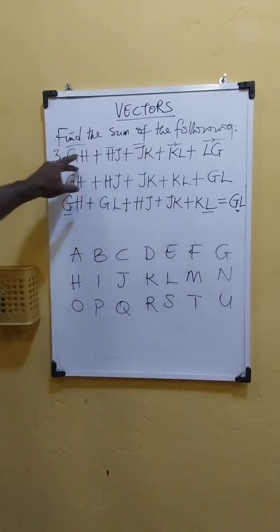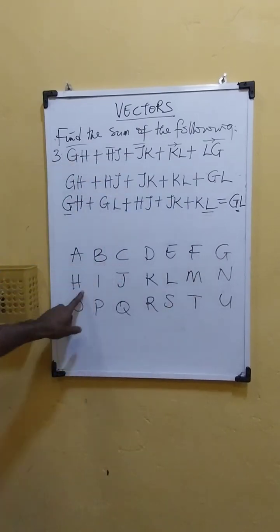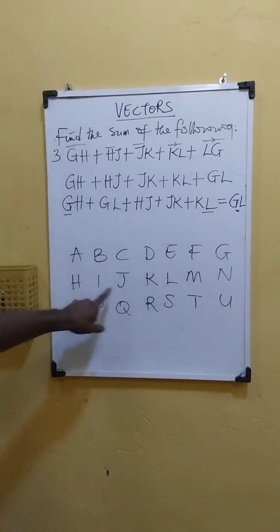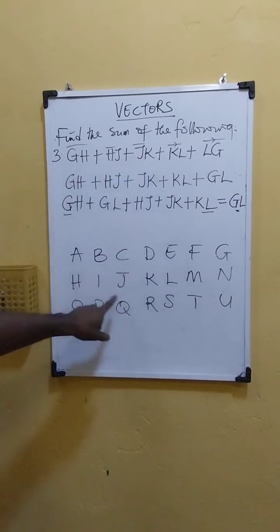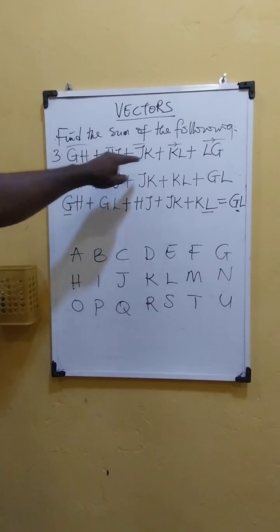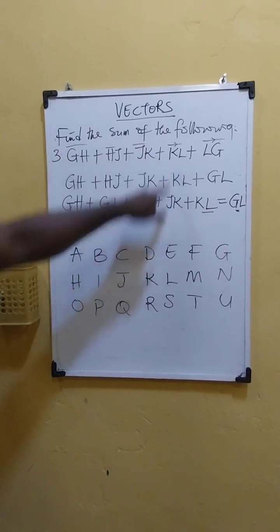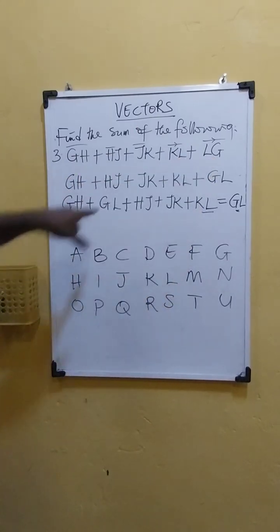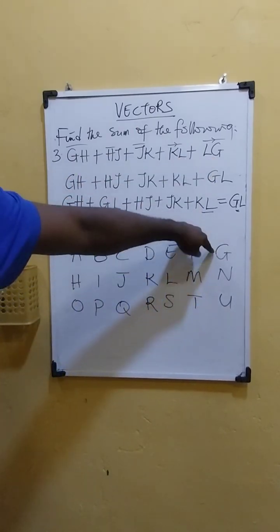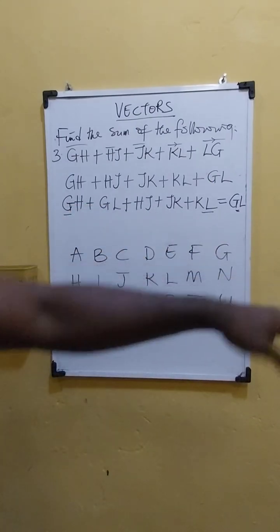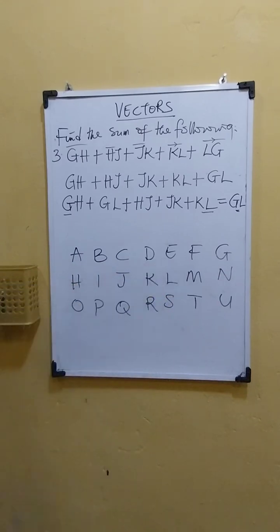So when we checked the vectors given to us, we have GH. The next vector is good to go. HJ, we have HJ. Then JK, good to go. From here to here is in order. Let's go to KL. KL is in order. Then we come here, LG. LG is actually supposed to be GL, based on alphabetical arrangement.